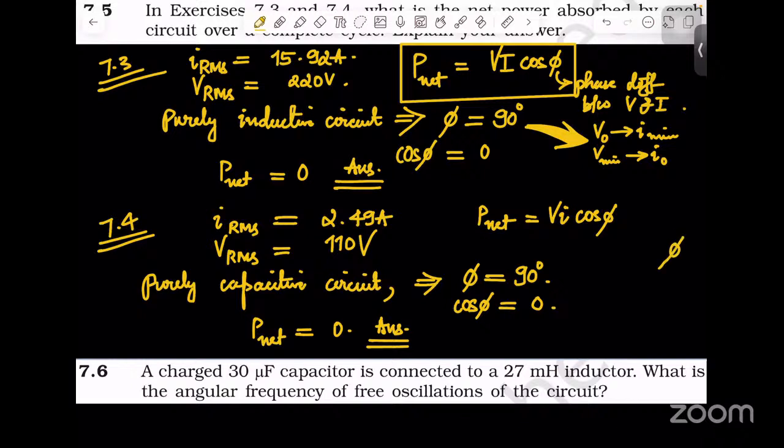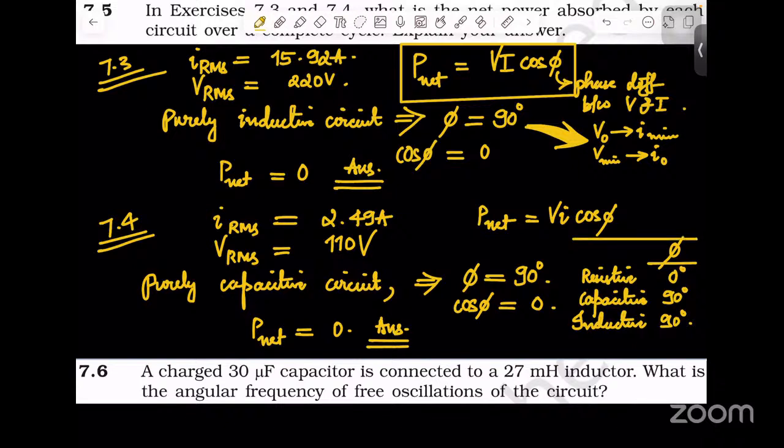Now here I will again write out the phase difference values. For a purely resistive circuit it would be 0 degrees. For a purely capacitive circuit it would be 90 degrees. And for a purely inductive circuit it is again 90 degrees.